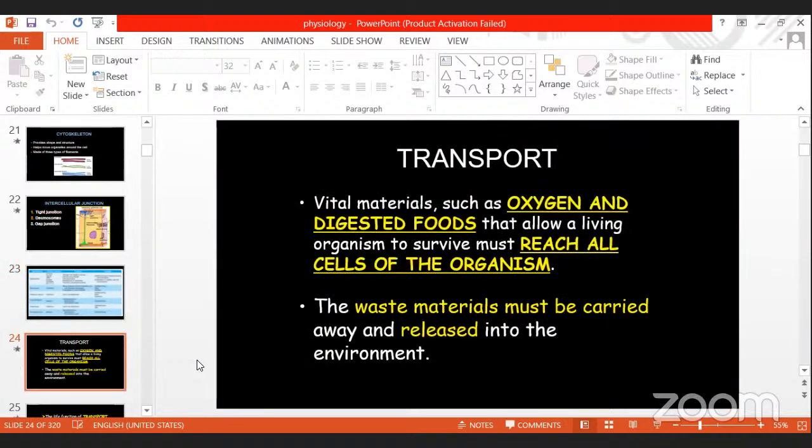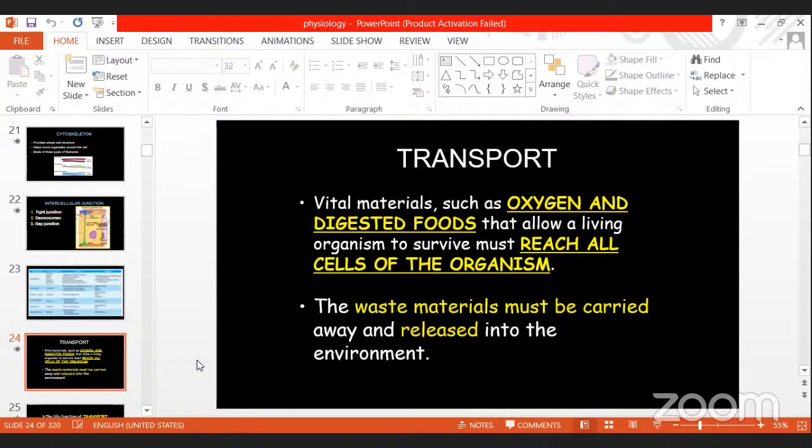And now the transport mechanism. We have seen the structure of the cell membrane and all the organelles involved in it. Now, let's see how the digested food material is transported from one place to another, or one cell to another. It reaches all over our body.